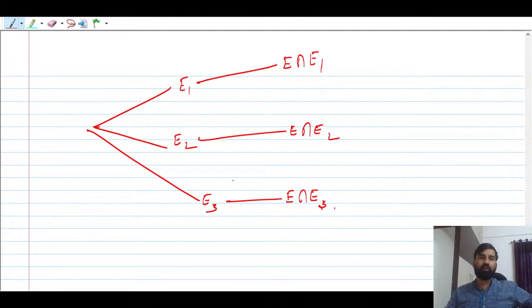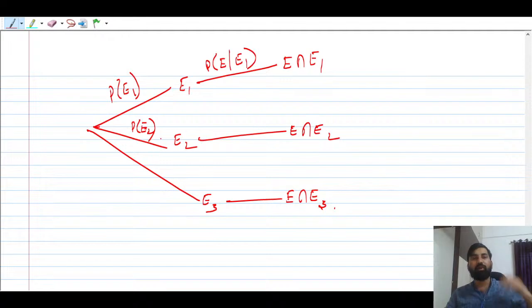Here the probability of E1 and the probability of E given E1, that is conditional probability, then the probability of E2. The moment you know the event, you can assign the probability to that event, please remember this. Now here the probability of E given E2, and the probability of E3.